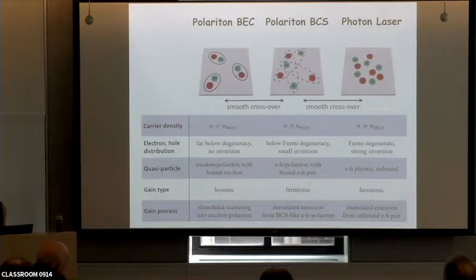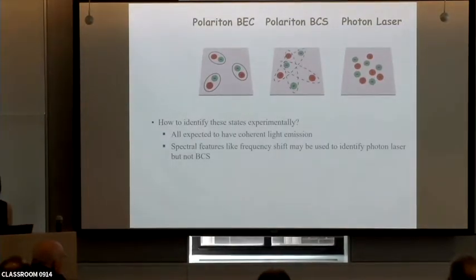Of course the grand challenge is how can you tell such a state exists, which turns out to be quite subtle and difficult for the Polariton system, because most of the time we look at it through the emission and look at the spectral properties, which could be identical among these different states. They all should emit coherent light with excellent first and second order coherence.